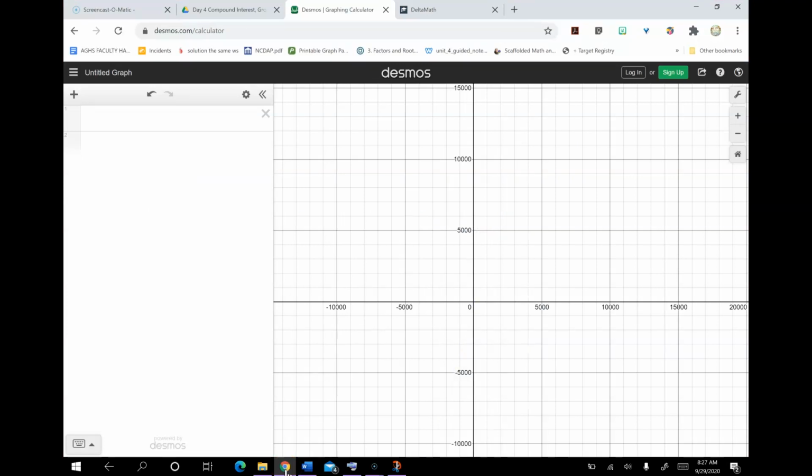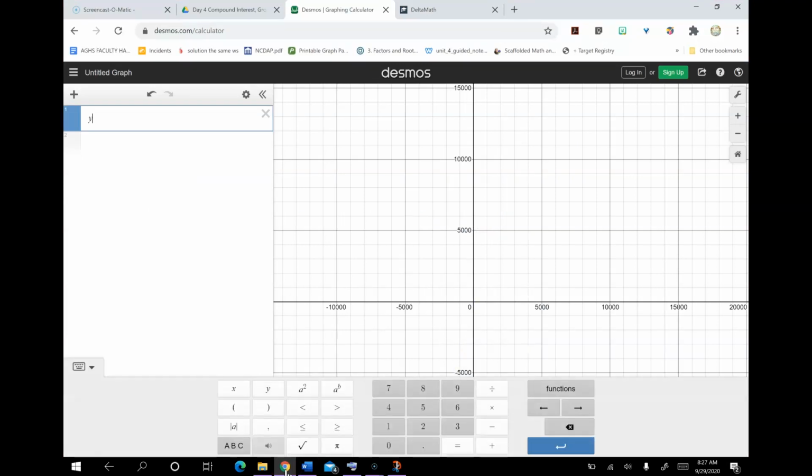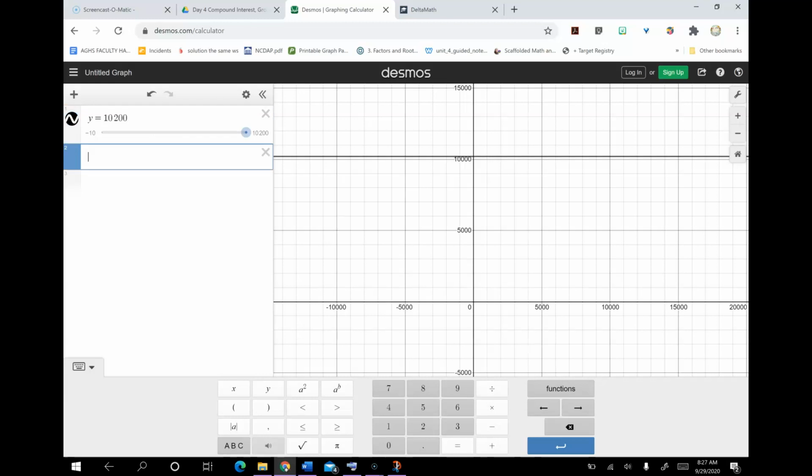So, y equals the left-hand side, 10,200. Right-hand side is going to be x times 1 plus 0.065 divided by 365, raised to the 365 times 5.